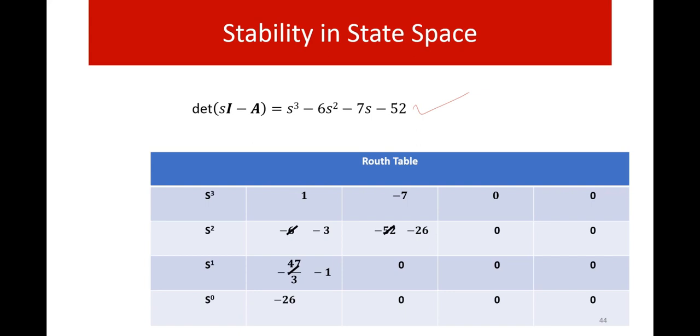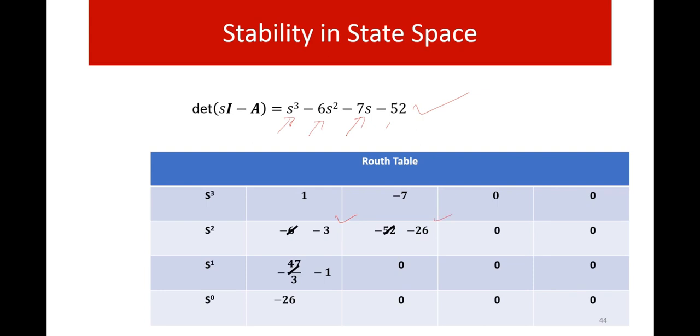So as already explained, the first row consists of 1, minus 7, and 0, and the second row has the elements minus 6 and minus 52. In our case, minus 6 and minus 52 are scaled by 2, and finally we find minus 3 and minus 26.